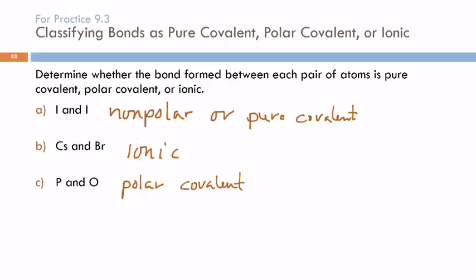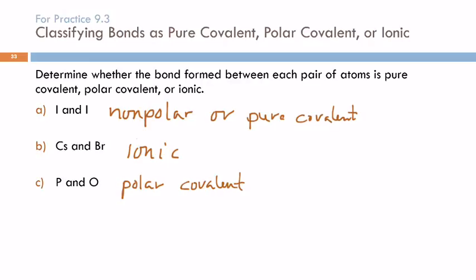Most of the time, if you have two nonmetals, it's going to be polar covalent. There are some exceptions, but not too many. Any questions? If something like this were on the test, for one of those exceptions, how would we know? I wouldn't try to trick you by putting an exception on there.